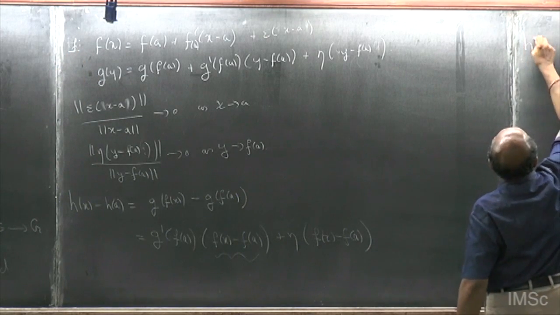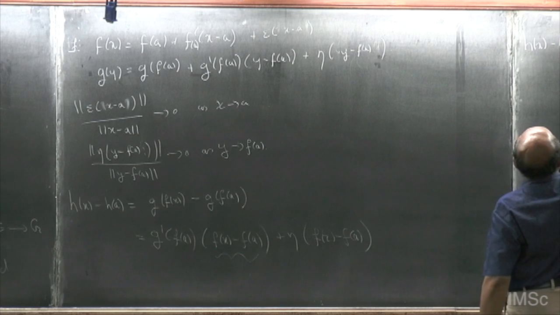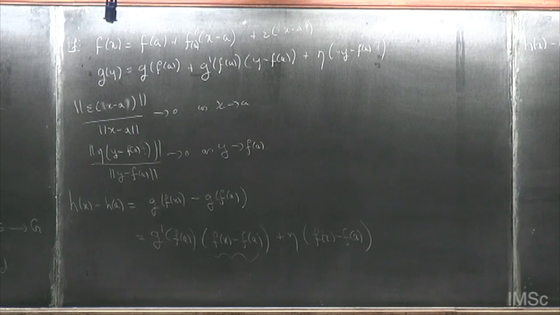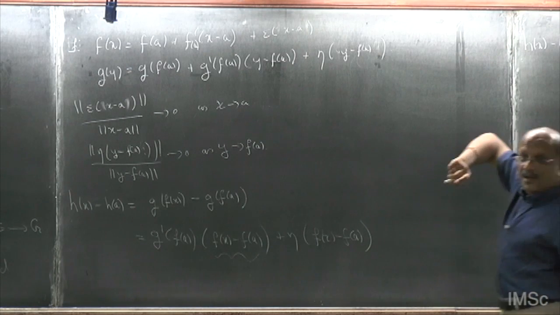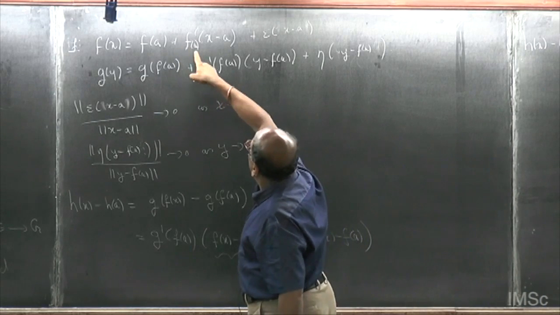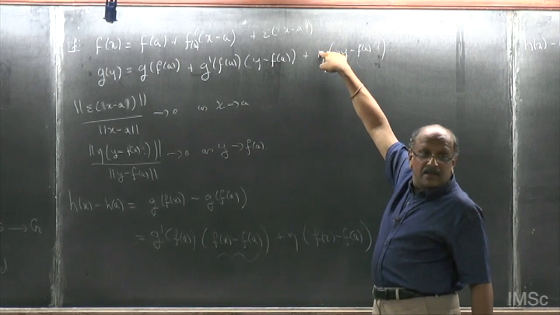So, you have h of x minus h of a equals g dash f of a. Remember, this is a linear operator acting on all these things here.